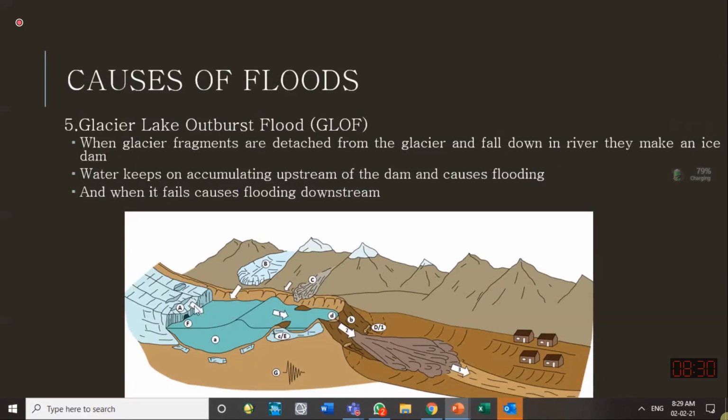And if that lake level increases and the blockage breaks, then a flood will come on the downstream side and can affect the urban area, the residential area and the people living downstream. So that can cause huge damages also.